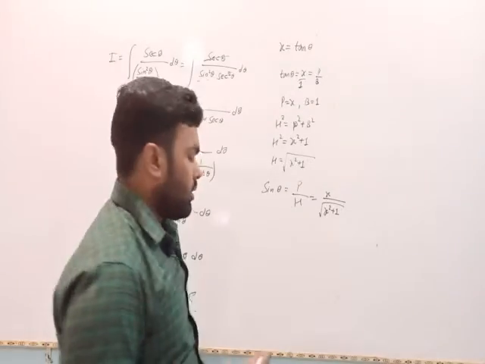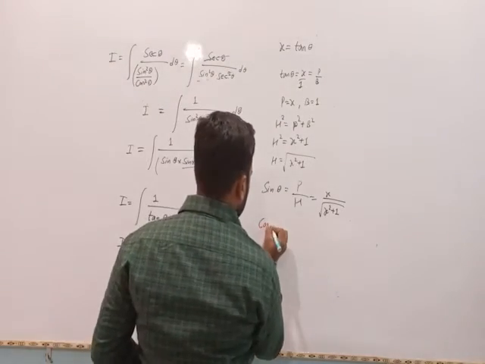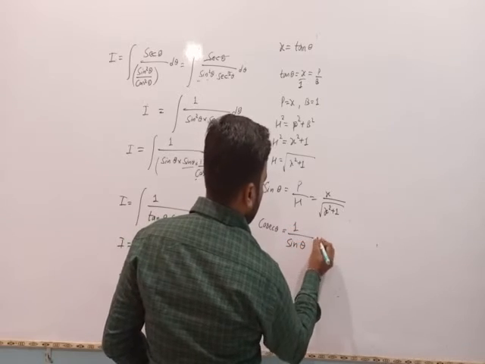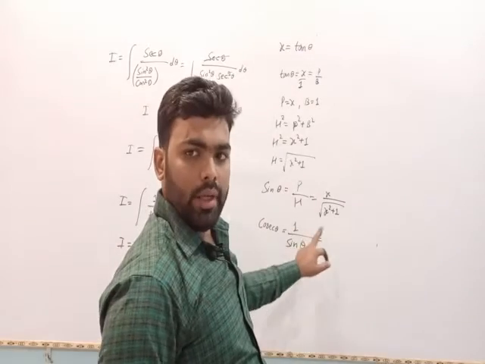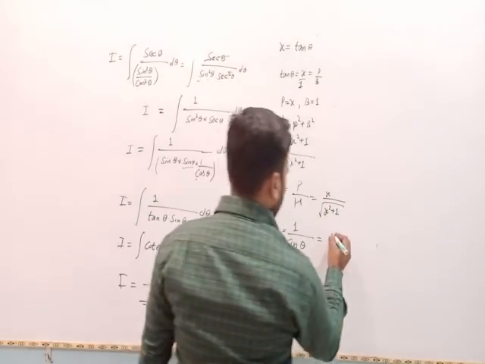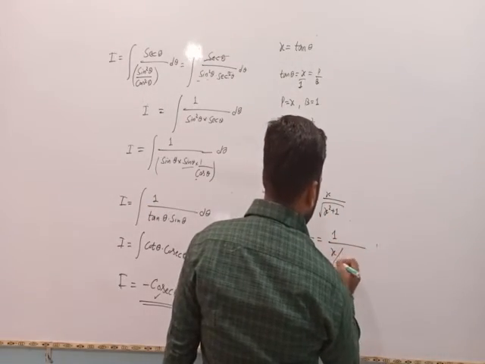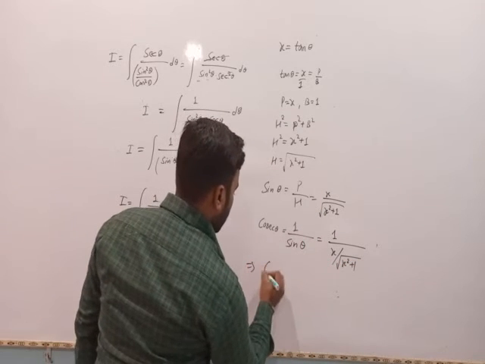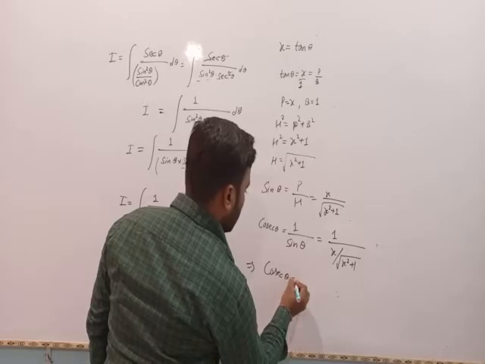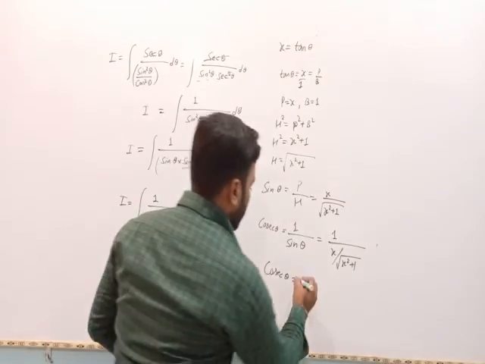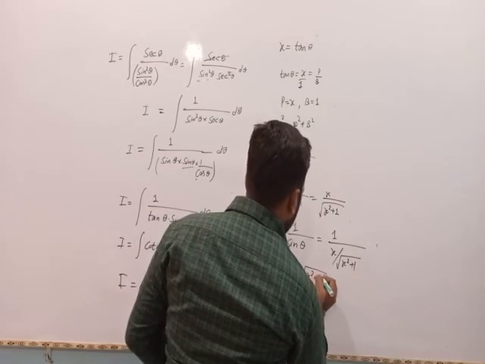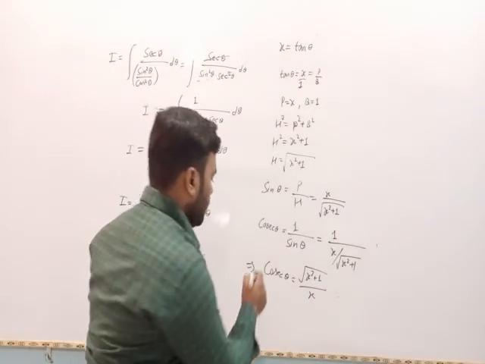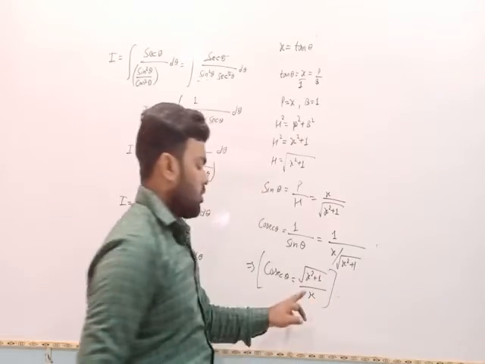Now we know that cosec theta is equal to 1 upon sin theta, so we will write 1 upon x upon root of x square plus 1. From here we get that cosec theta is equal to root of x square plus 1 upon x. So now we have the value of cosec theta in terms of x.